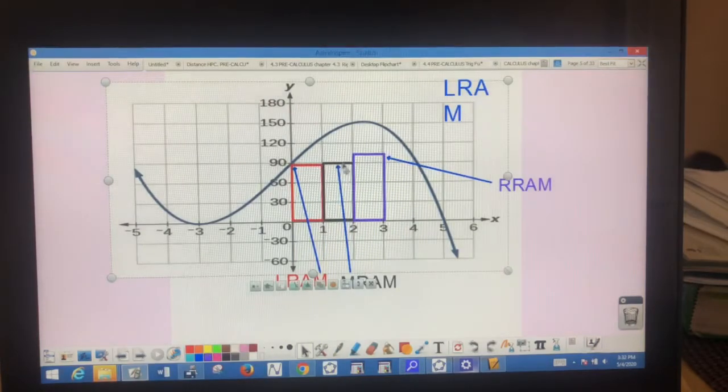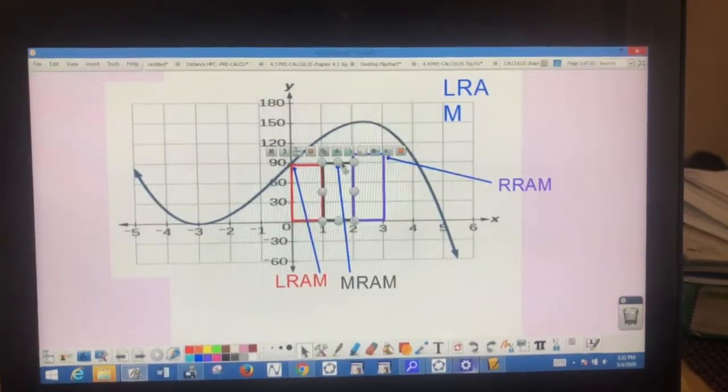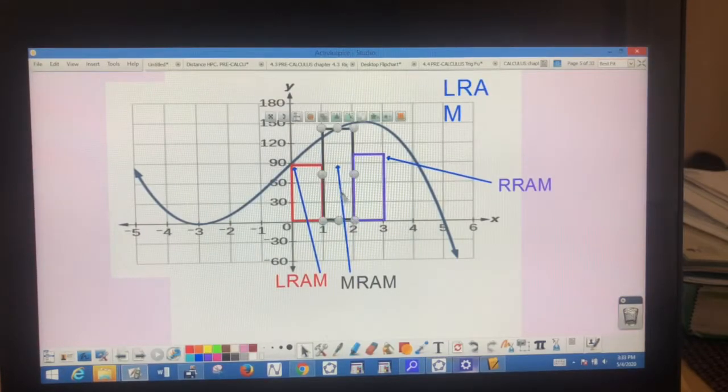Now the middle, again. Right now the left side is 90 units. On the midpoint, you're going to pull this all the way until your midpoint right there is touching the curve. Somewhere there, close enough. So this would be your midpoint touching the curve, so it's called the middle or midpoint approximation method.